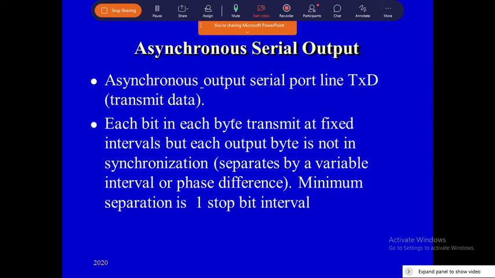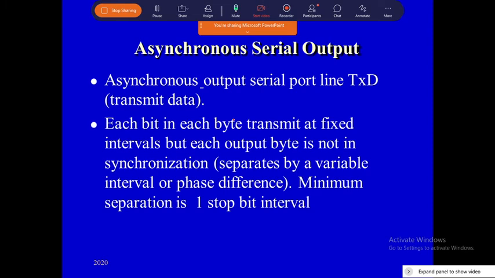Asynchronous serial output. The asynchronous output serial port line will be TxD, that is transmit data. Each bit in each byte is transmitted at a fixed interval, but each output byte is not in synchronization. Getting the meaning? In one byte, 8 bits will be there. Those 8 bits will be transmitted in synchronization, which means the time difference between the bits will be equal.